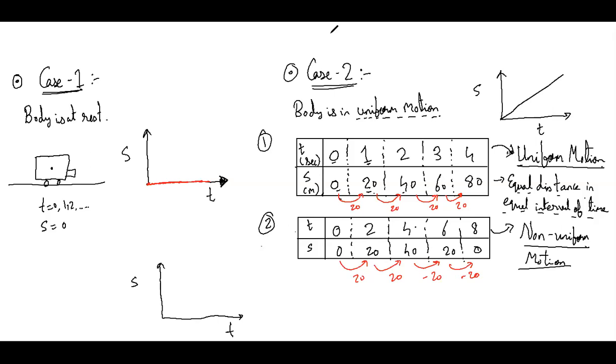It will form a triangle. Anushita is telling you a triangle. What about others? Yes, Ronak, what do you think? The question is, what will be the graph of this second table?